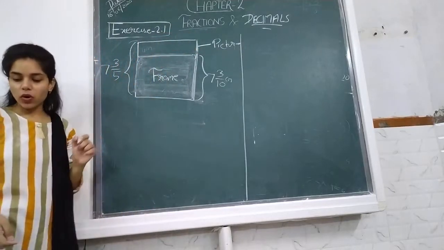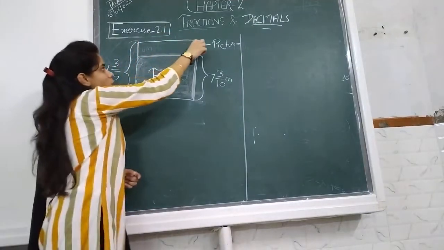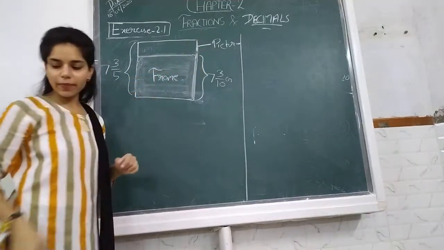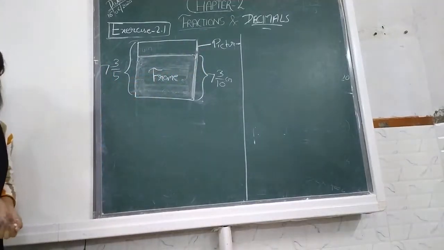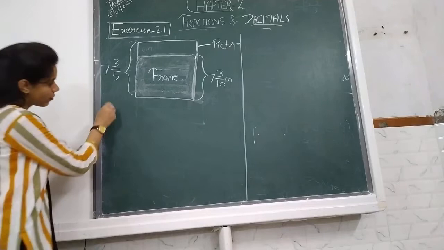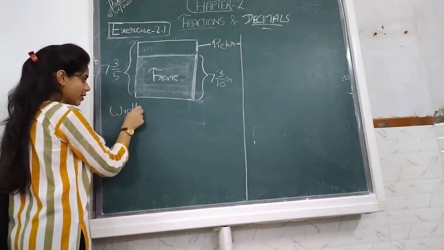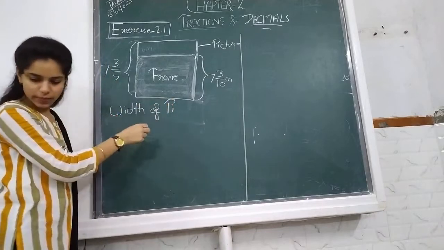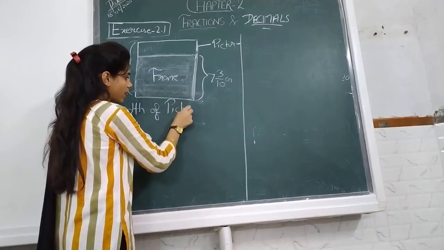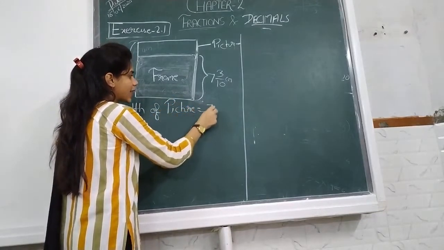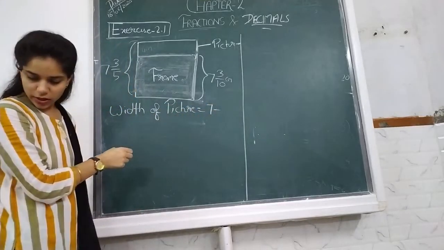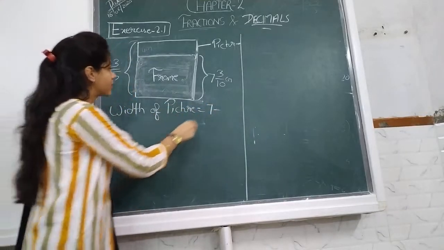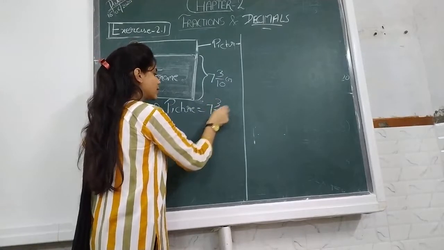So we need to trim this part to fit it into this frame. First of all we will write width of the picture is 7 3/5 centimeter.